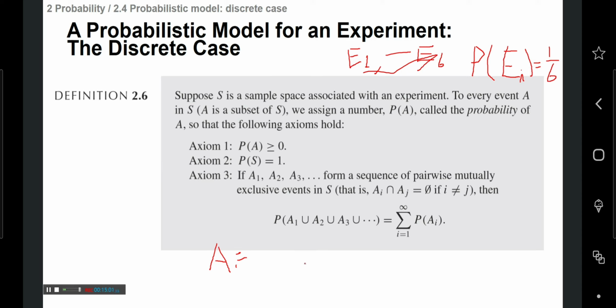The union of A1 and A2 is S, so the probability of S equals 1, which is the same as 1 over 2 plus 1 over 2. That's an example of Axiom 3.